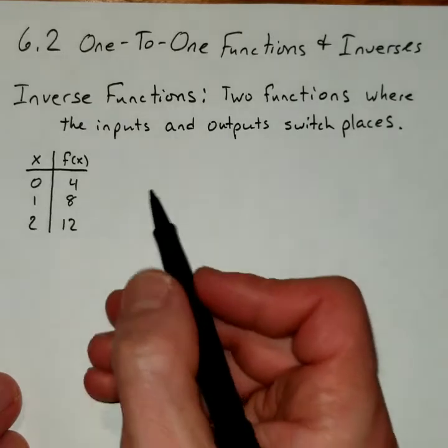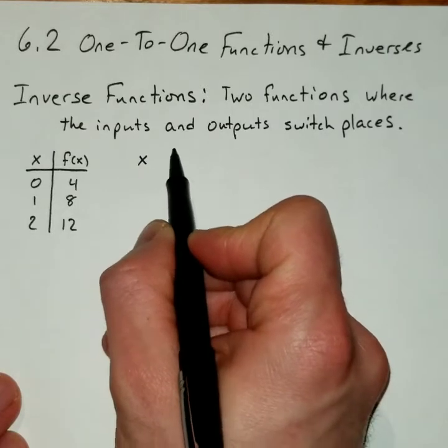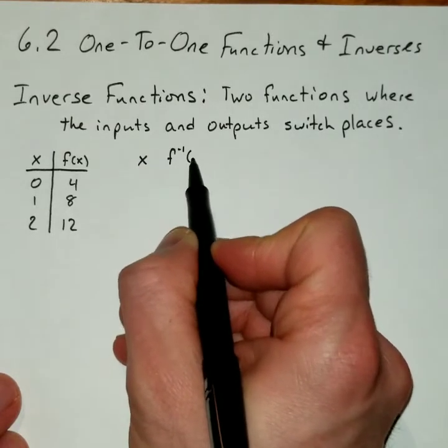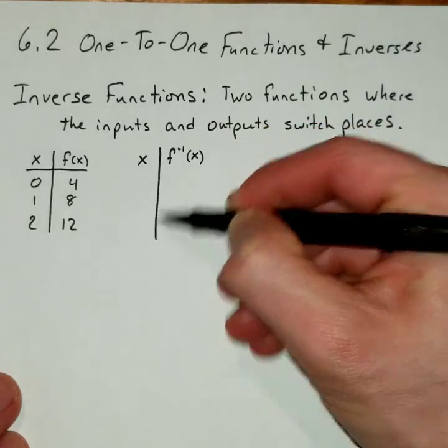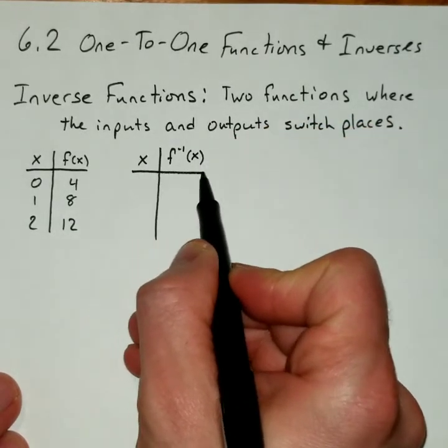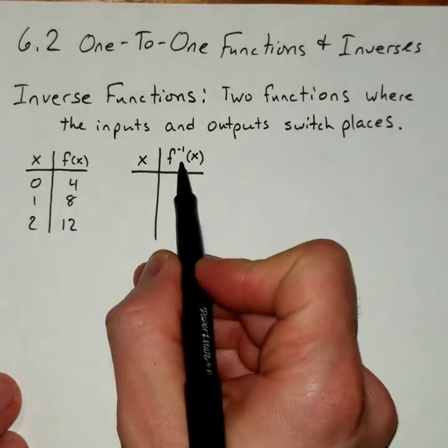The inverse function, which would be denoted as f with a superscript of negative 1, looks like an exponent, but really it's a superscript. It's just the notation for an inverse. So we have a function and its inverse.